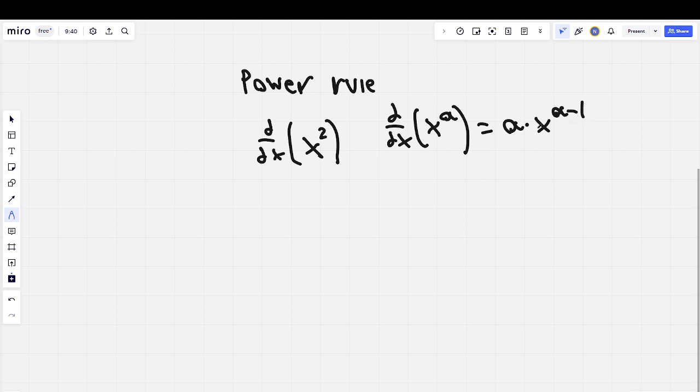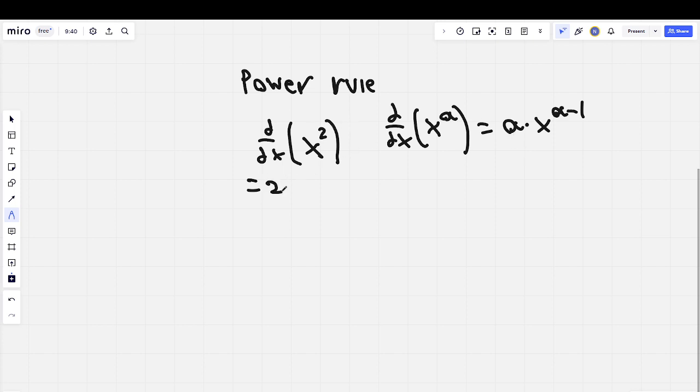Alright, let's talk about this a little. What we did is we took this a and brought it to the front of the equation. So now we have a multiplied by x, but the exponent changes to the exponent which we had before, subtracted by 1. Perfect. Let's talk about this with the following example. This will be equal to the exponent brought down to the front, which in this case is 2.